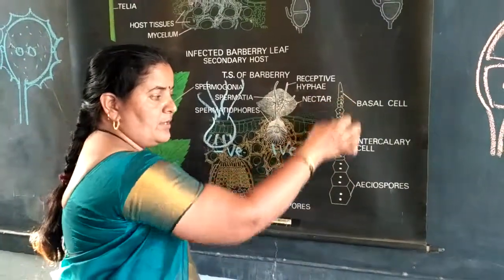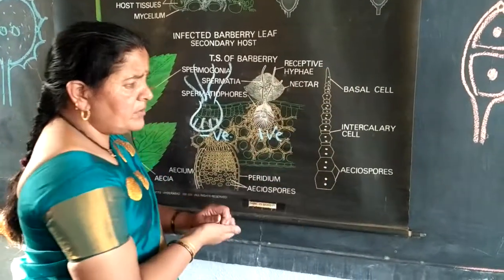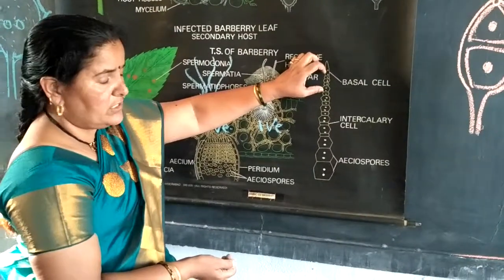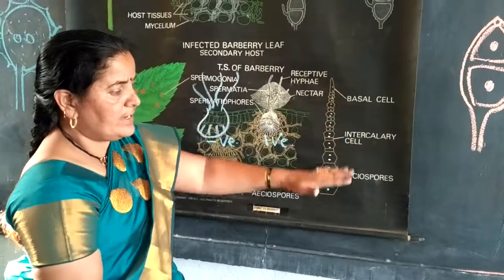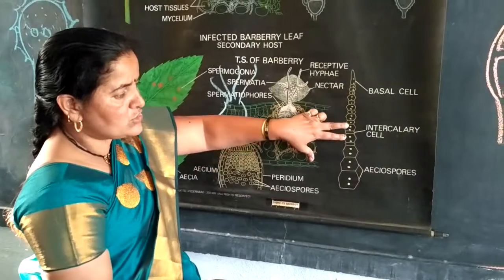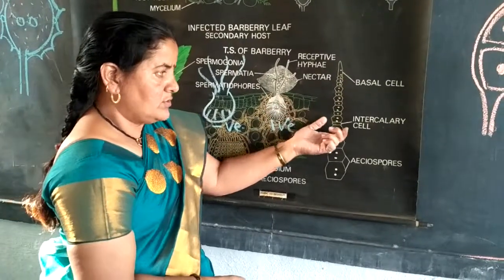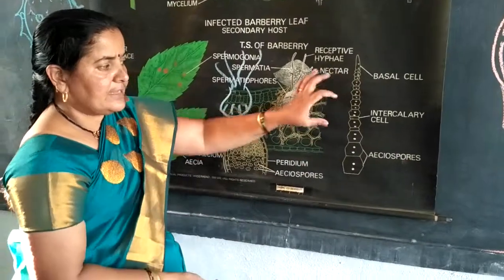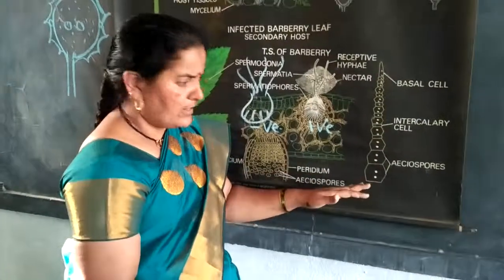They are developed in a chain. The basal cell shows younger aeciospores, while the tip region shows mature aeciospores. In between two aeciospores, there is a sticky or smooth region called the intercalary cells. These intercalary cells are very important for the separation of the mature aeciospore.